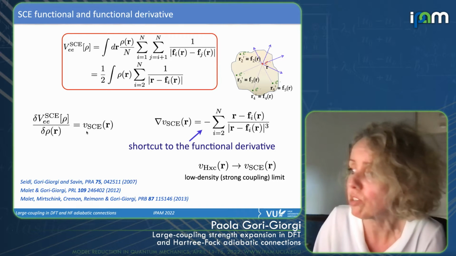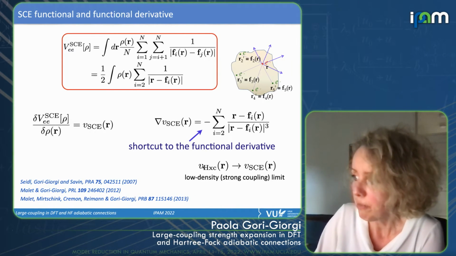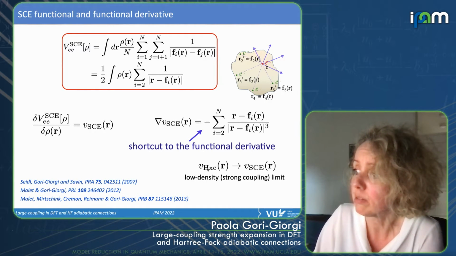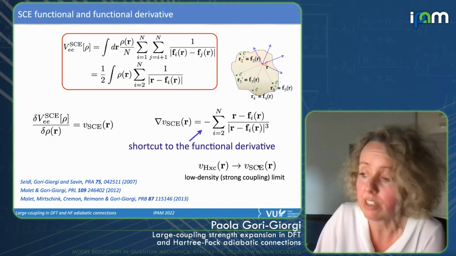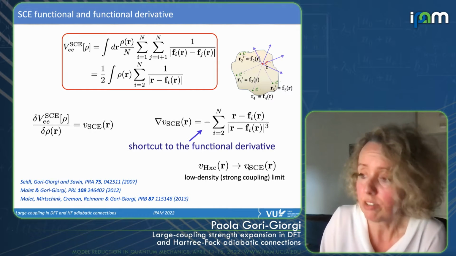This is something that can be shown rigorously. It's also a result from optimal transport. But essentially what is interesting is that the Hartree exchange correlation potential of Kohn-Sham theory tends to this potential in the low density limit. So it's a nice physical limit for this potential.